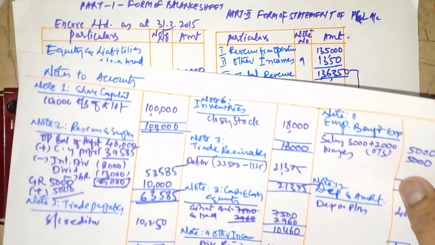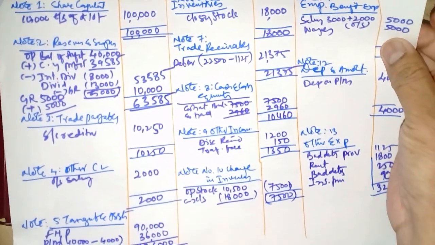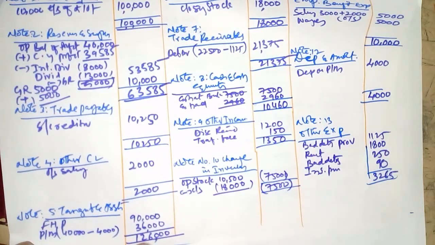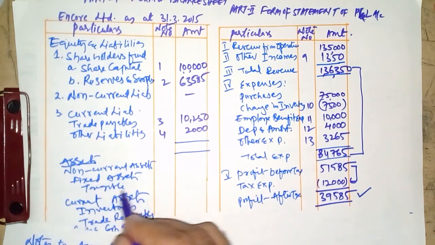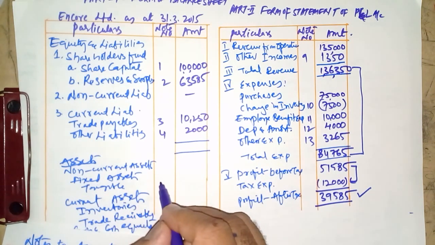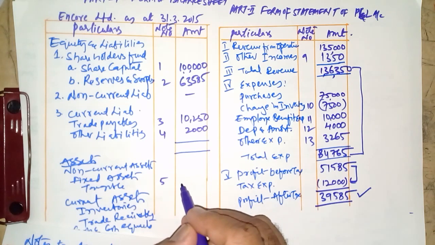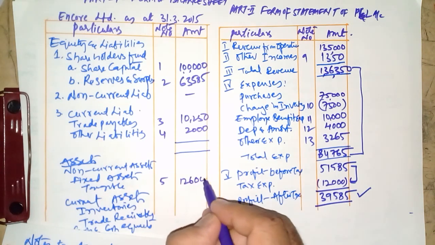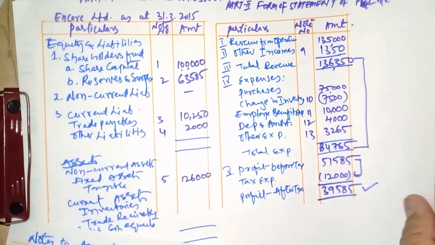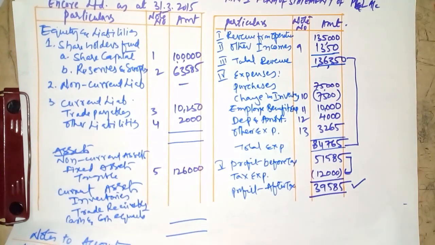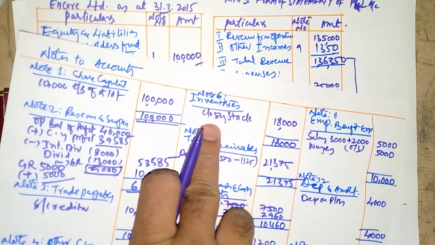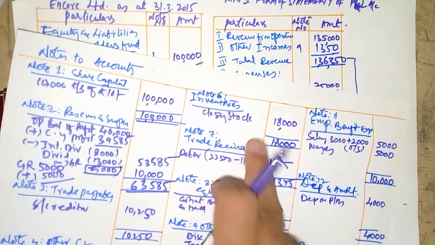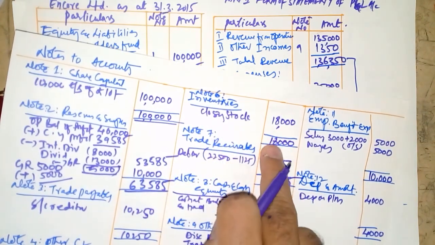Then next we have tangible asset, 1,26,000, right? So note number 5, under the tangible asset, 1,26,000.